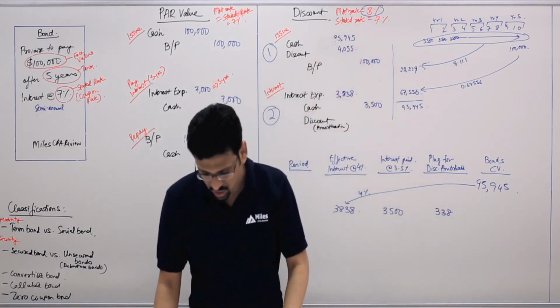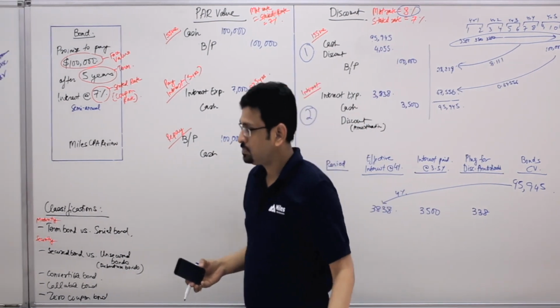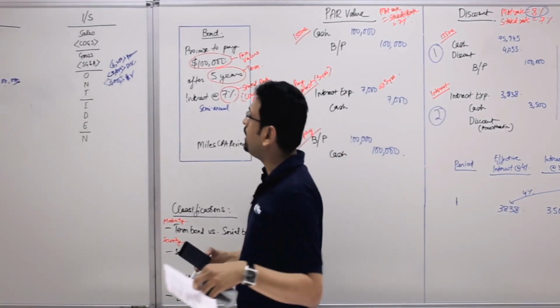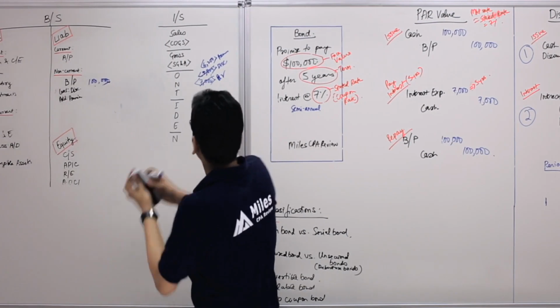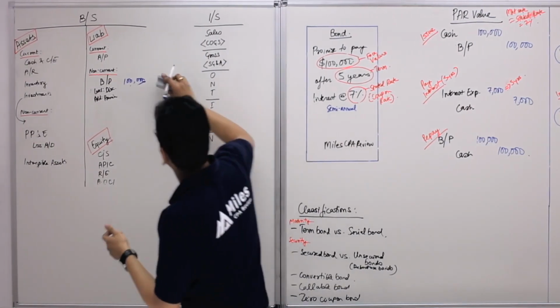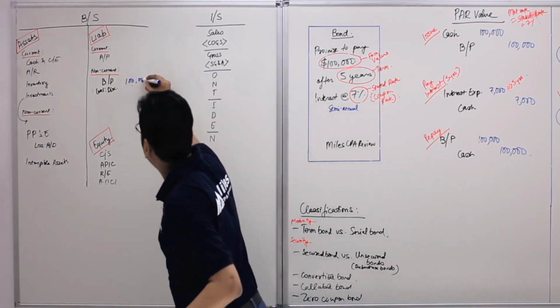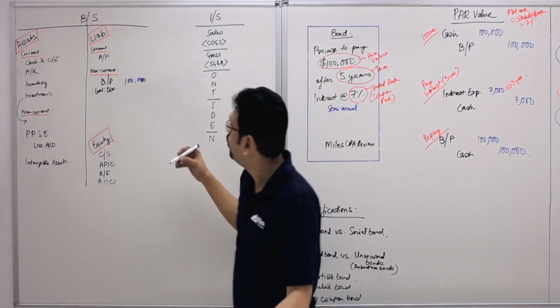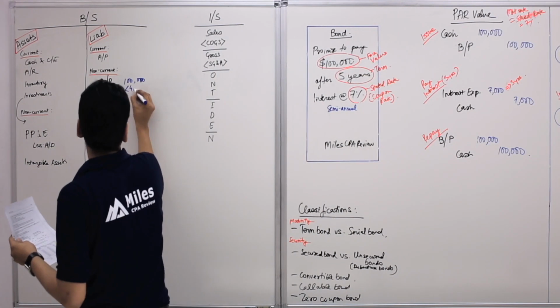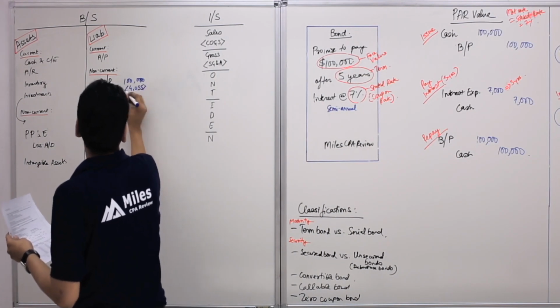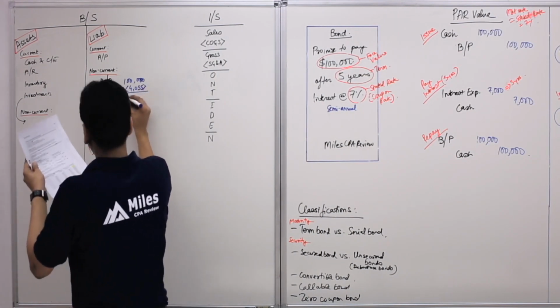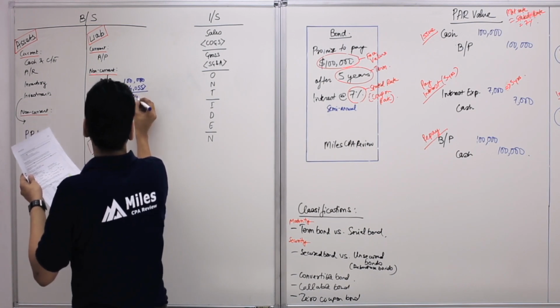So let's do it on the balance sheet now. Let's get there. So when we started on with this, we said $100,000 less discount of 4,055 gives you 95,945.